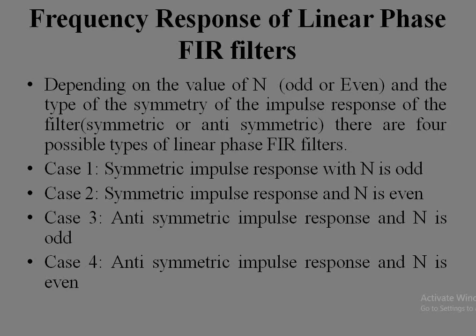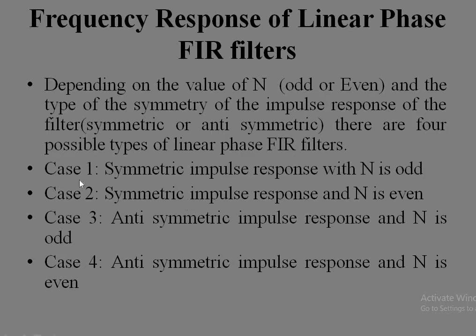Similarly, case 2: symmetric impulse responses, and n is even, with the center of symmetry lying at n minus 1 by 2. So we will categorize the impulse responses into these 4 cases, and we will try to find the frequency response in each case, and we will note down the magnitude response of those filters for our future use.